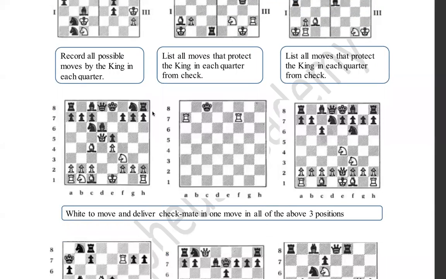Now let us do some very quick, small ones. In this diagram, which is highlighted, can you see there is a very good move for white? White to play, and he can checkmate. Can you see it?